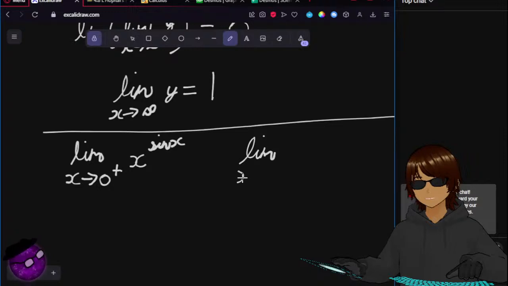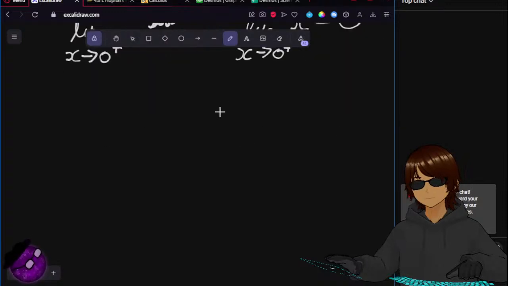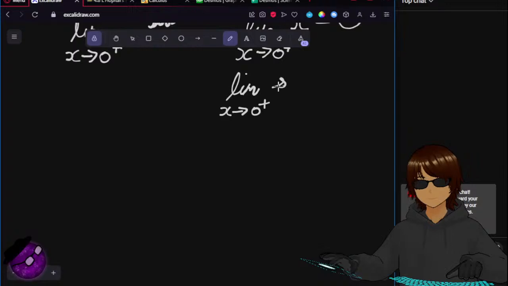The limit of x as x approaches 0 from the right is 0. Sin x is also 0.